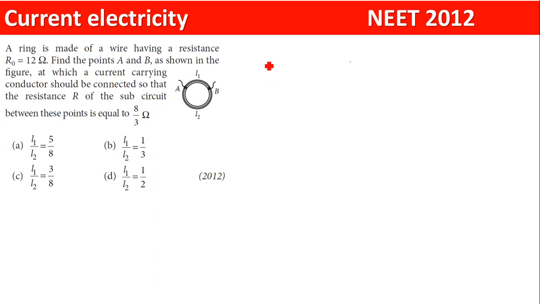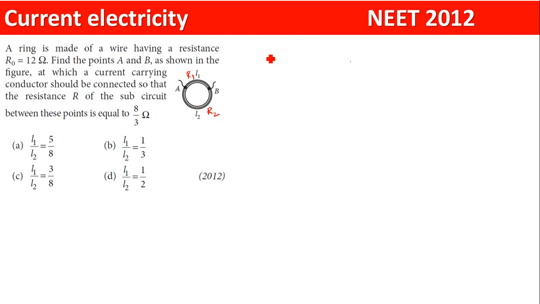So initially, let us say you take the current carrying conductor and connect it between A and B. Let us assume the resistance for the part of length L1 is R1 and the remaining part is R2.